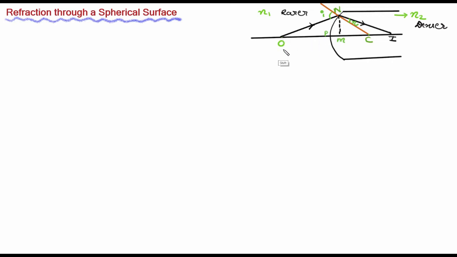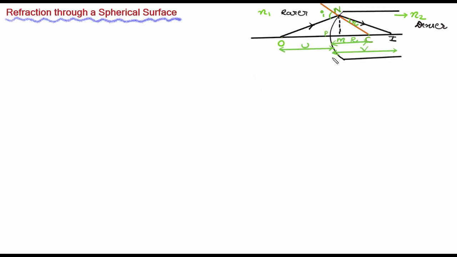Now, the distance from the object to the pole, as you already know, is represented by u, and the distance between pole and image I is represented by v. Okay, and the distance between center of curvature and pole is represented by r.